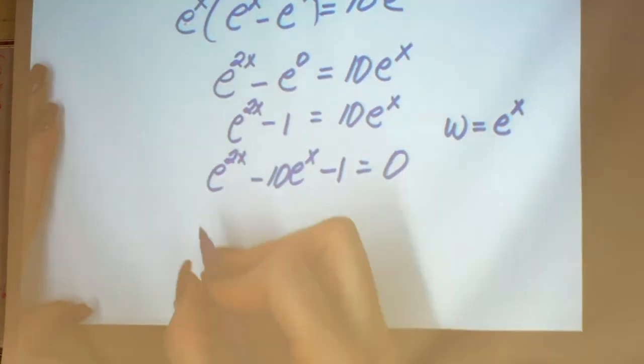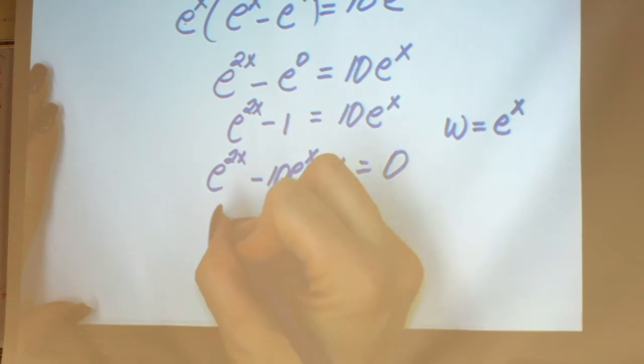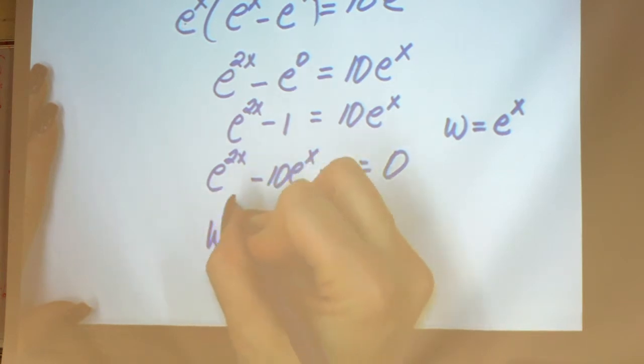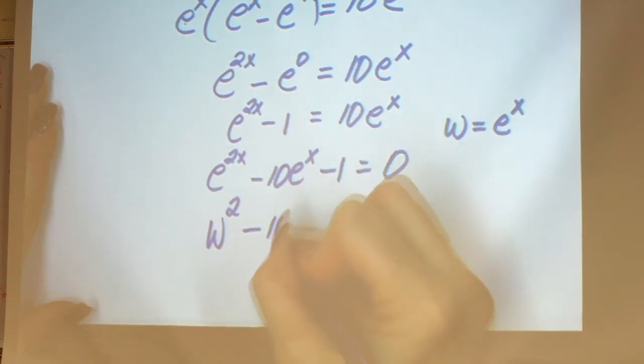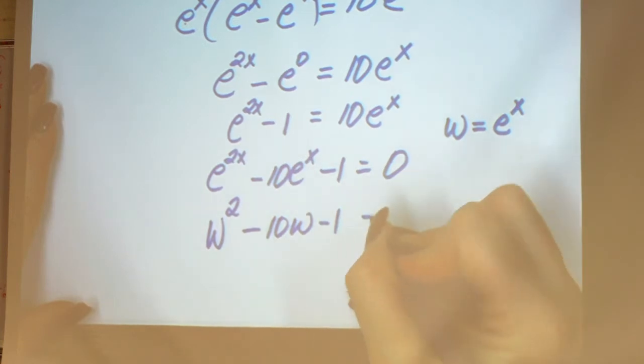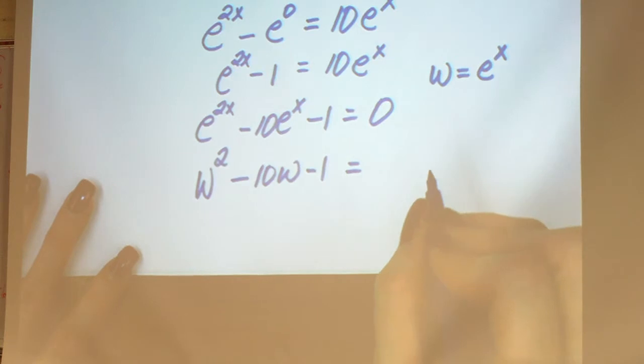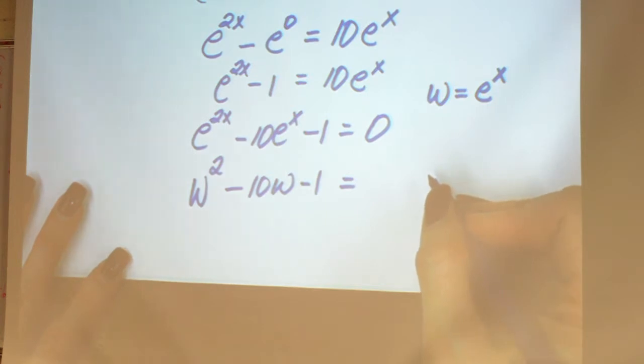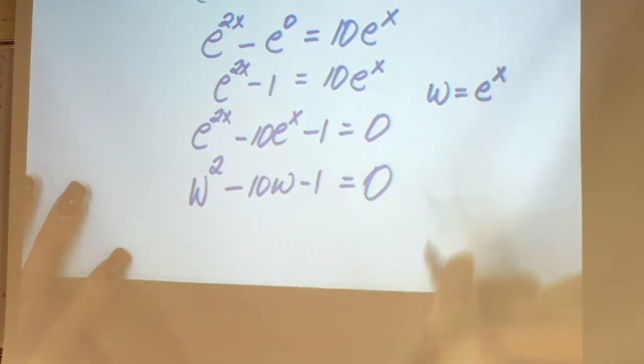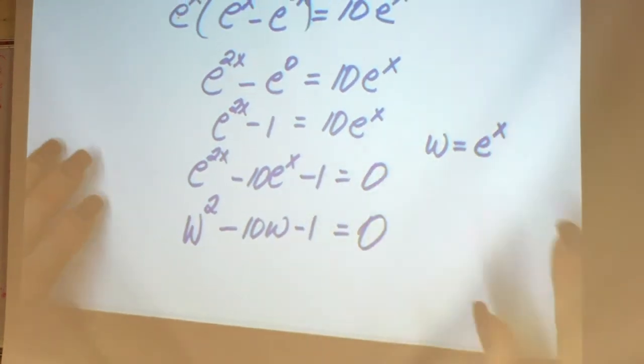So if I do that, this becomes w to the second power minus 10w minus 1. And then we could solve it like it's a quadratic, using the quadratic formula. Quite frankly, just graphing is much simpler. Let's do the next example.